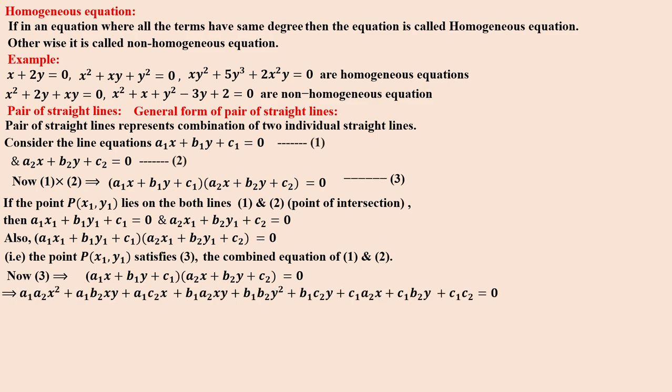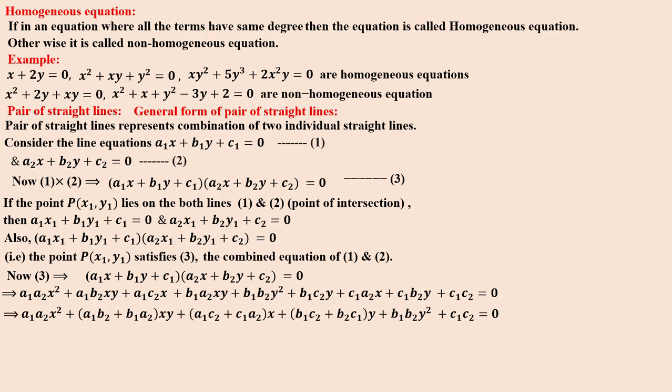So multiplying each and every term, a1x into a2x, a1 a2 x square, a1x into b2y, a1 b2 xy, plus a1x into c2, a1 c2 x. Next term b1y into a2x, b1 a2 xy, b1y into b2y, b1 b2 y square, b1 c2 y. Next c1 a2 x plus c1 b2 y plus c1 c2 equal to 0.